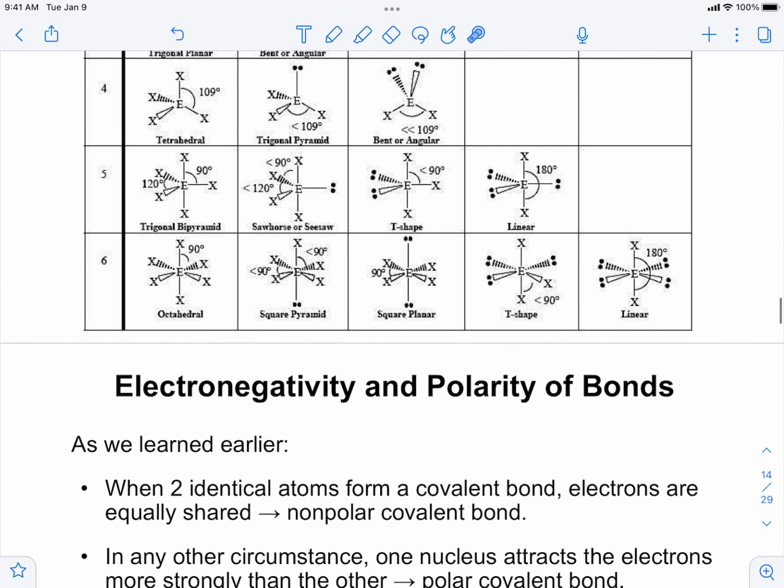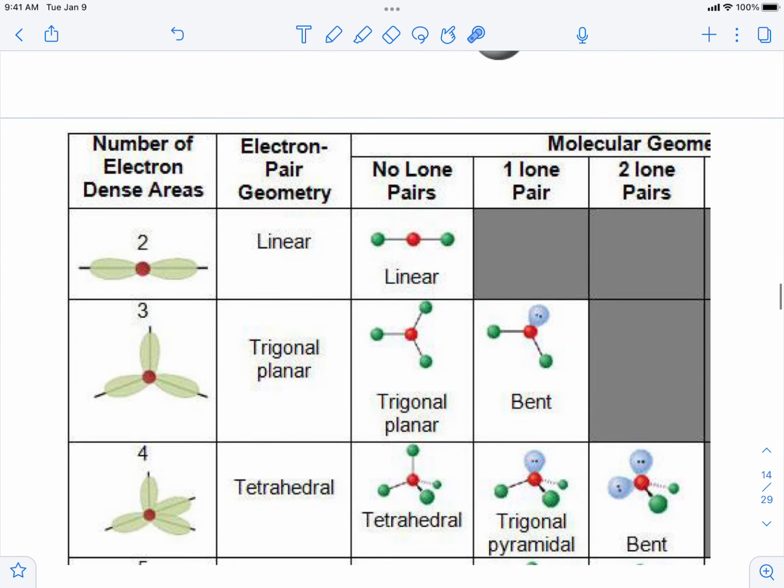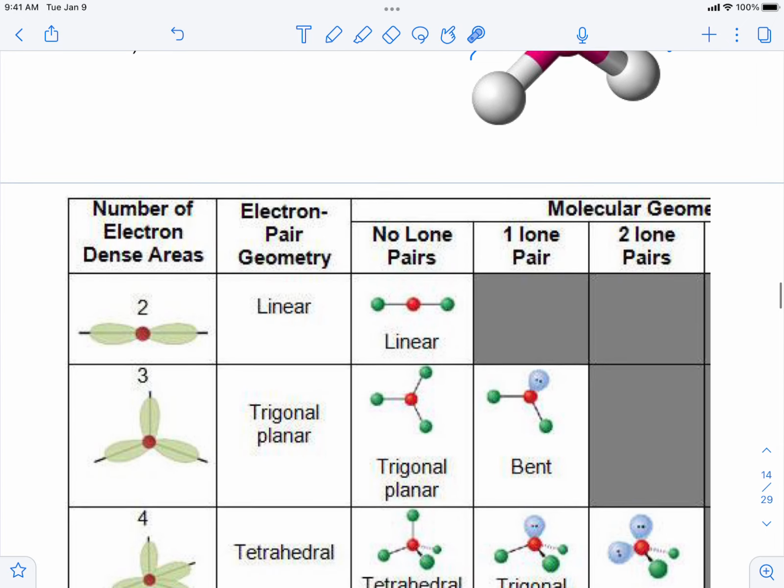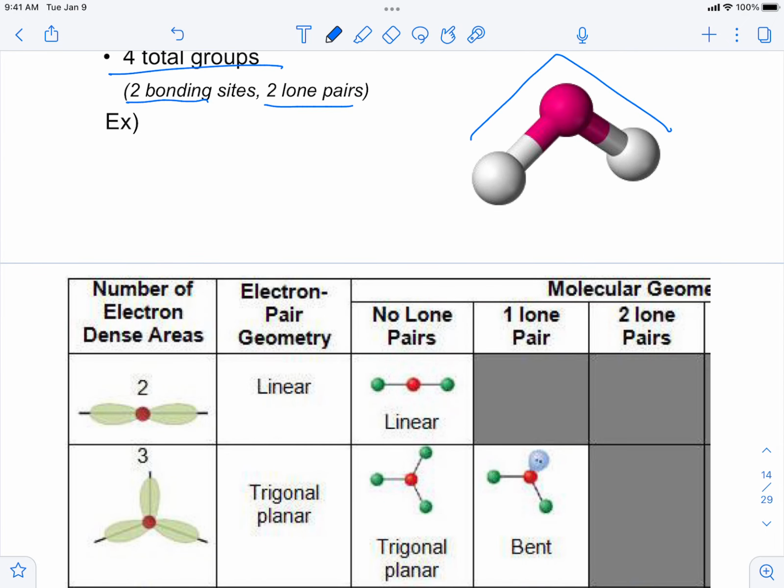So I'll just do a couple examples here. Let me draw some more. If we had a shape like this, PCl3. First we determine the Lewis diagram, so we count our valence electrons. So 5 plus 3 times 7, 26 valence electrons total.